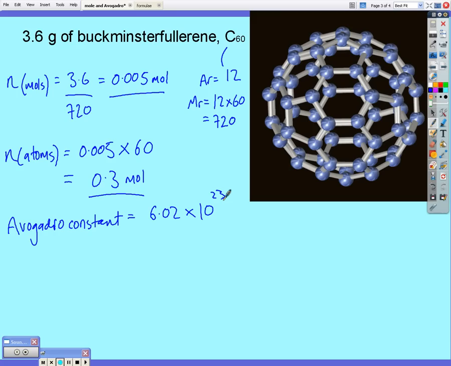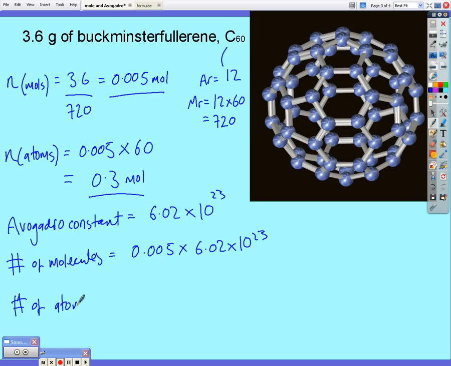So, in 3.6 grams of Buckminster fullerene, the number of molecules would be equal to 0.005 multiplied by 6.02 times 10 to the power of 23, and the number of atoms we've got would be equal to 0.3 times 6.02 times 10 to the power of 23.